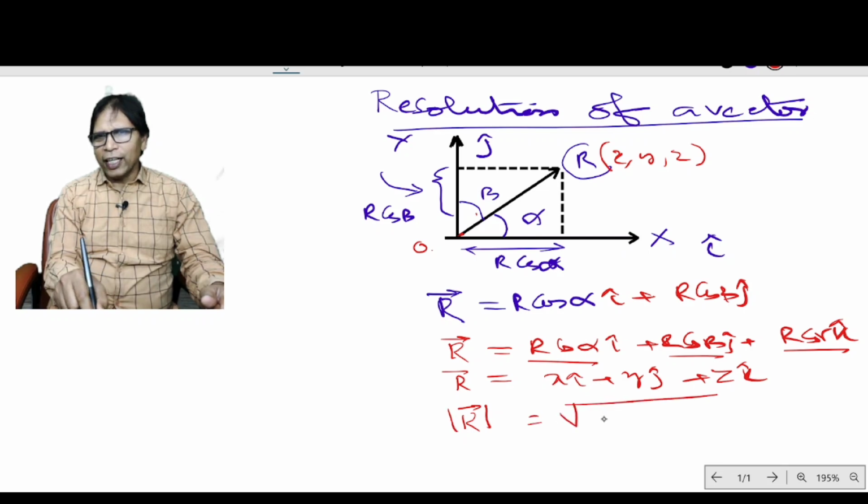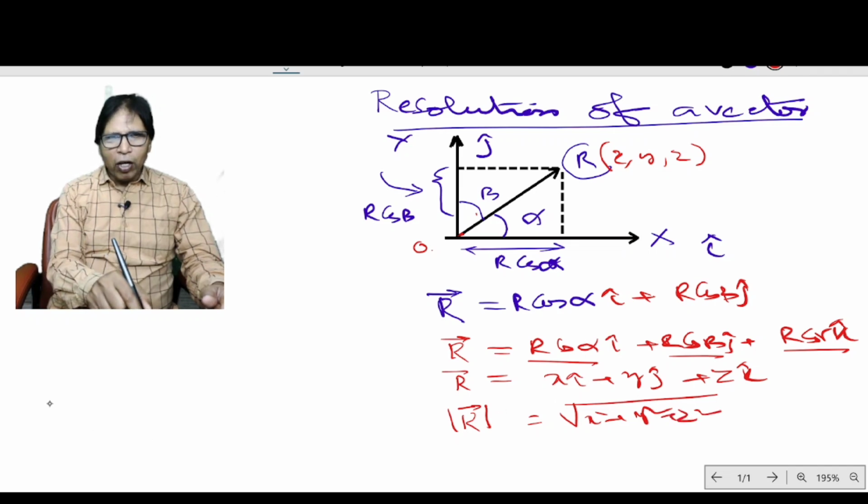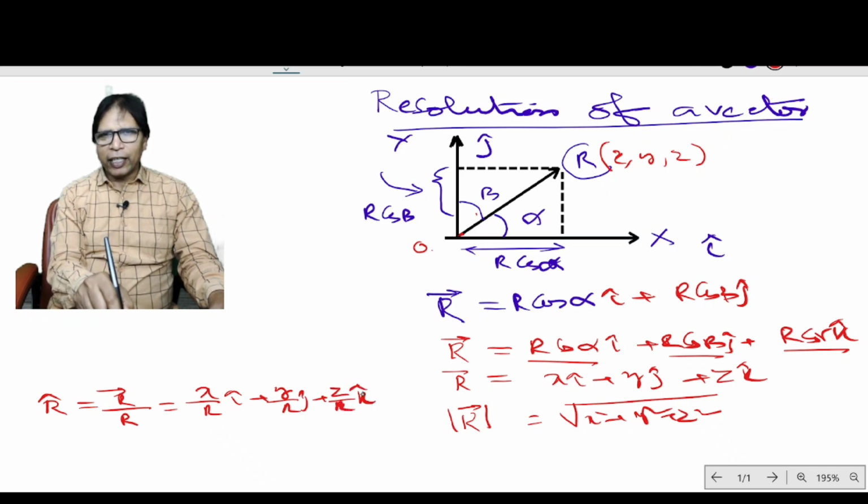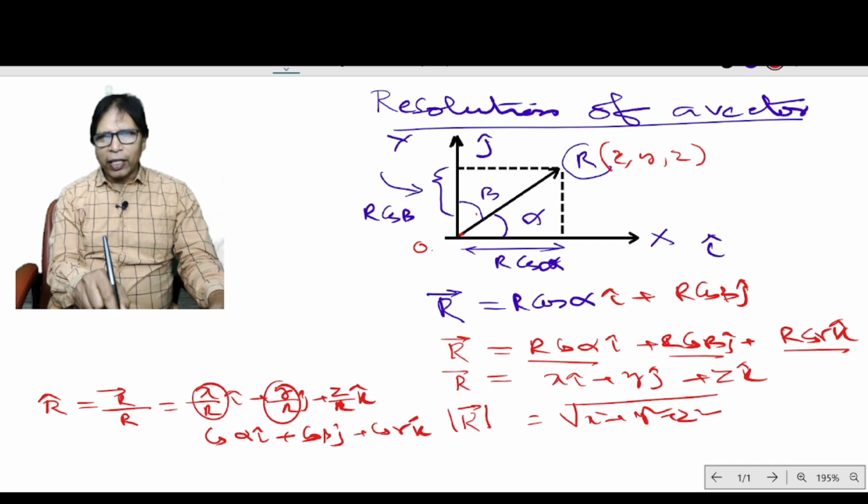So look at this, it is (x/r) i cap + (y/r) j cap + (z/r) k cap. Now look at this, x/r is cos alpha, so this is cos alpha i cap, cos beta j cap, and cos gamma k cap. Okay.